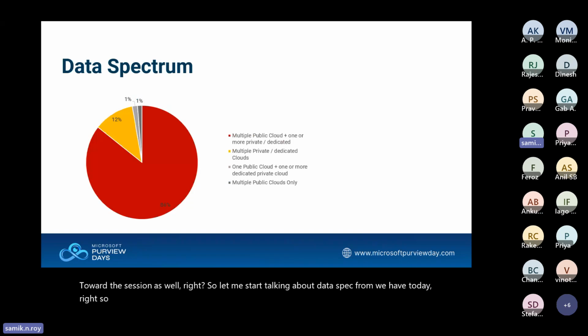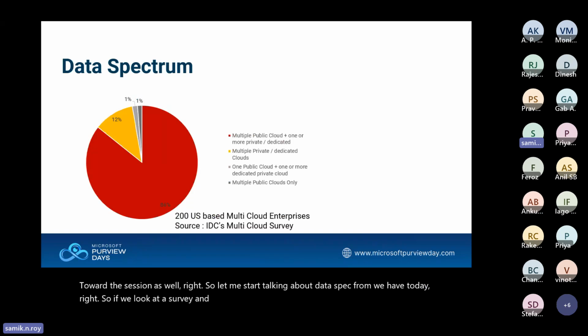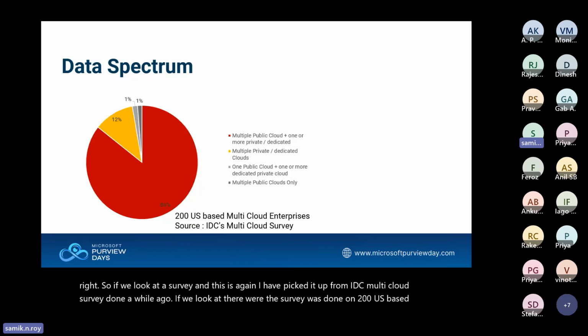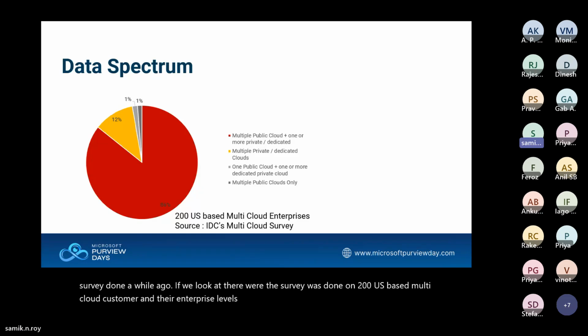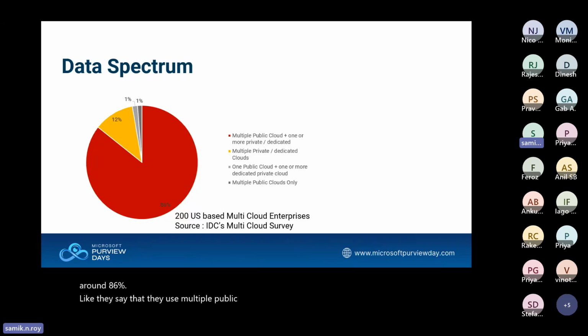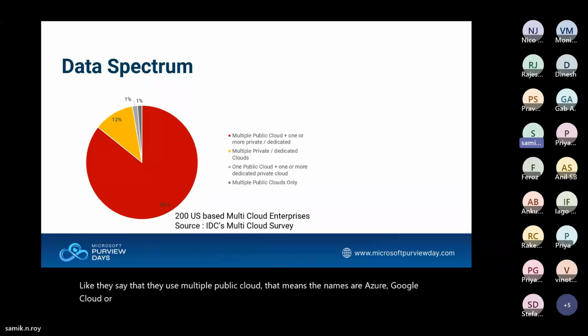So if we look at a survey, which I have picked up from an IDC multicloud survey done a while ago, the survey was done on 200 US-based multi-cloud customers at their enterprise levels, right? And most of the customers, around 86%, say that they use multiple public clouds. That means Azure, Google Cloud, or AWS, and maybe one or more private or dedicated clouds, due to compliance reasons, their organization standards and things like that.